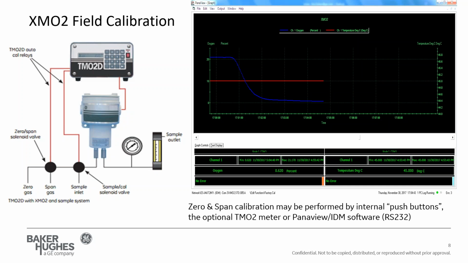What is the effect of changes in pressure on the oxygen transmitters? That's a good question. In reality, our sensors react to the partial pressure of oxygen. And the partial pressure is directly proportional to the concentration.